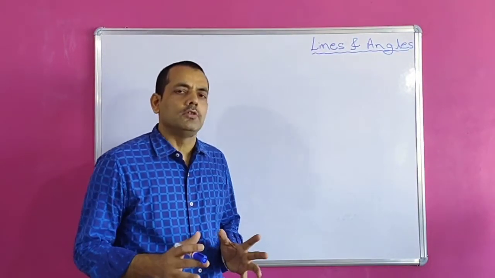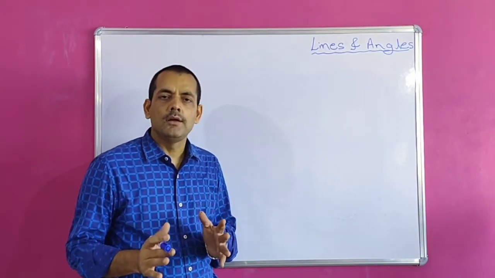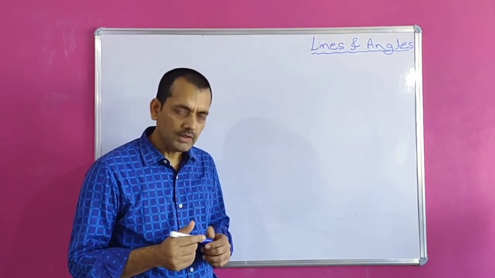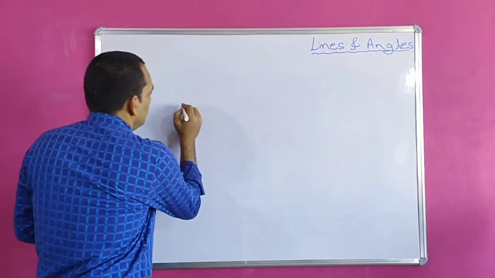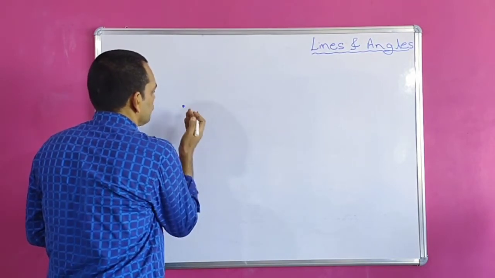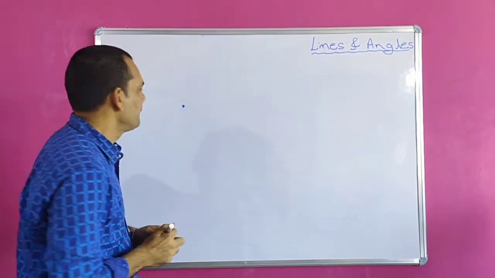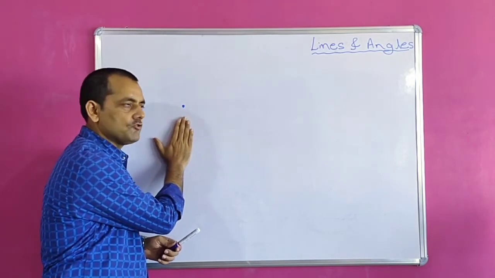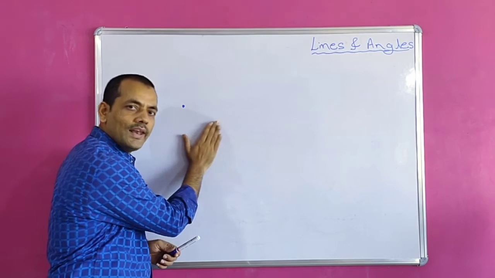In this video session of geometry, we will go through lines and angles. What is this? This is known as a point in geometry, which has no length, no width.